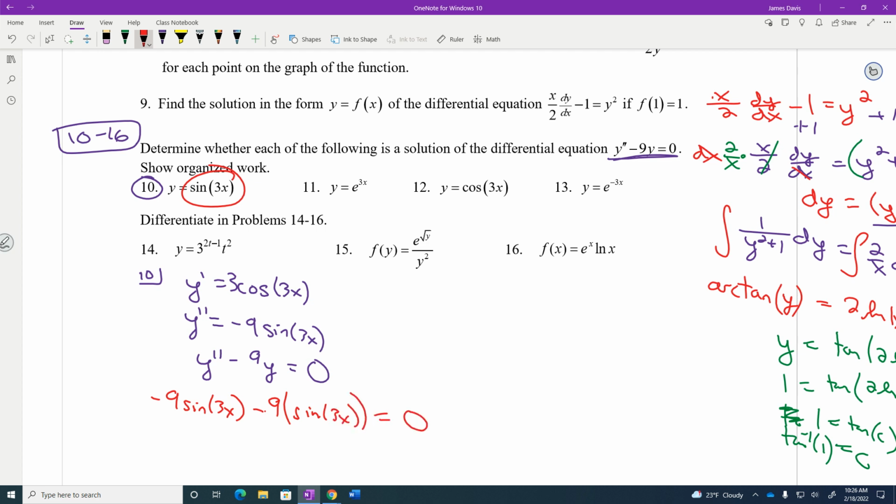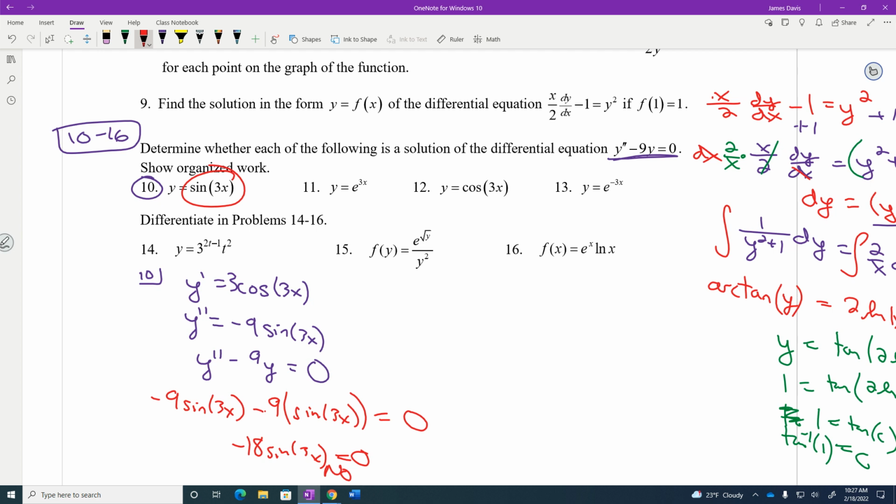And see if that equals 0. And that would be a no, because we get negative 18 sine of 3x.